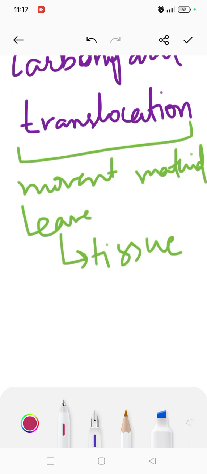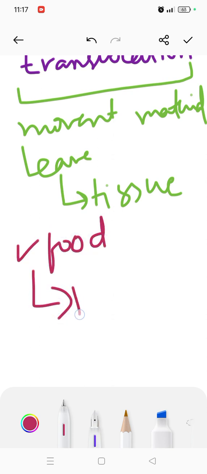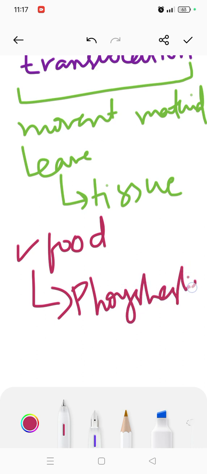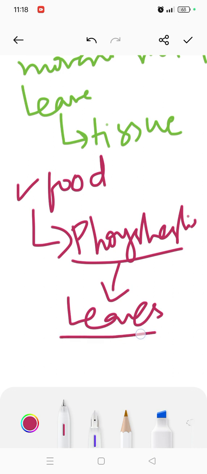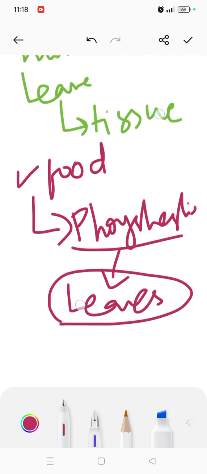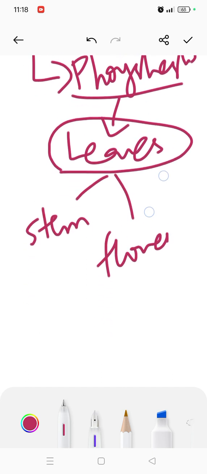Translocation is movement. We know that food is prepared in plants through what? Through the photosynthesis process. When this process is done in leaves, food is going to be made in leaves. So how would it be provided to other parts like stem and flowers?